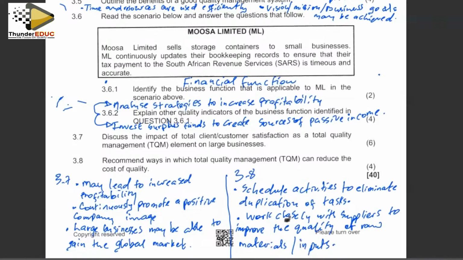Okay, right. So now we are saying that schedule activities to eliminate duplication of tasks and also work closely with suppliers so as to improve the quality of raw materials used.